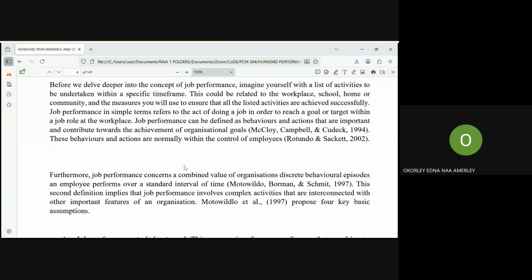So we can see that job performance, as the definition here shows, and a number of authorities have been listed, is the act of doing a job in order to reach a goal or target within a job role at the workplace. With the definitions you gave, it means the person is not working in a vacuum.